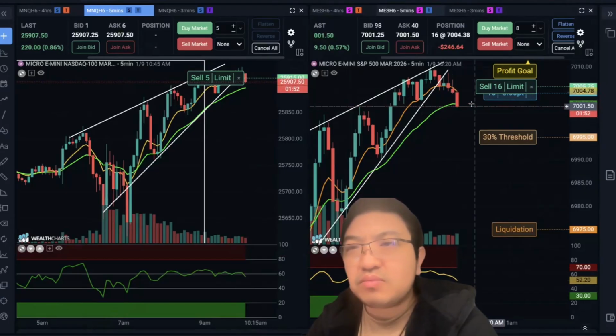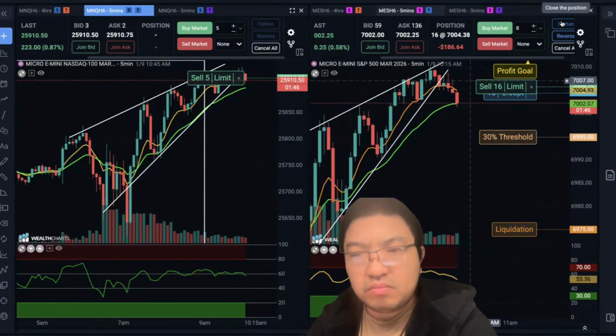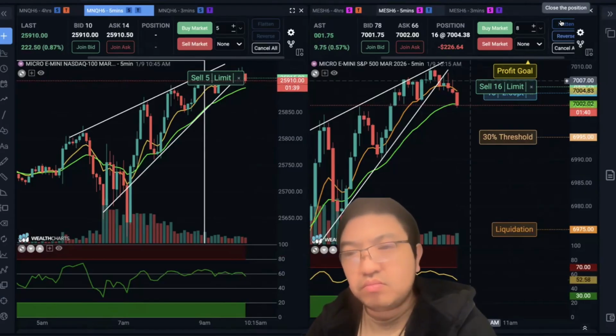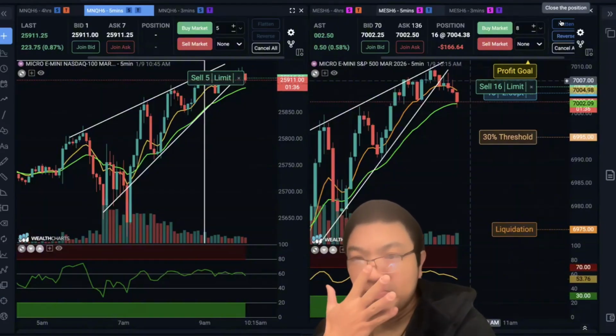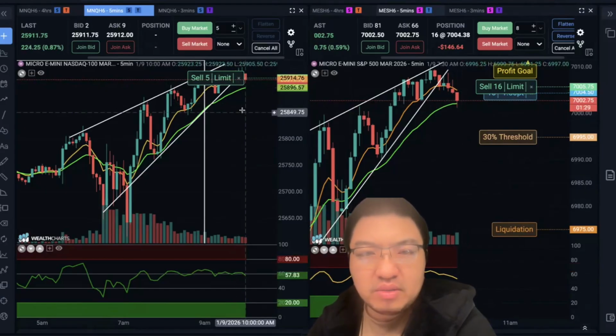EMA 21 still performs some defense. See if you close underneath here, or you just trigger this point.